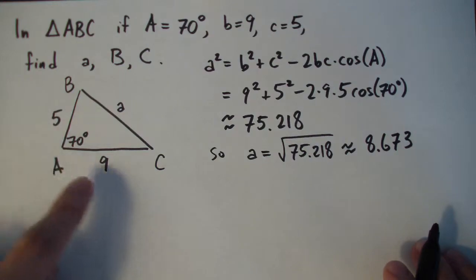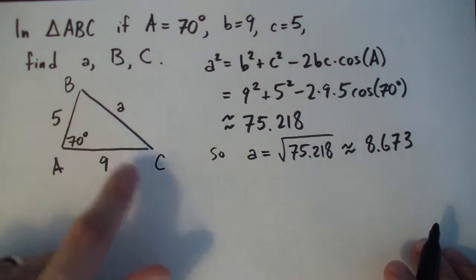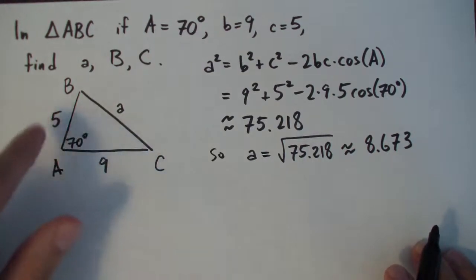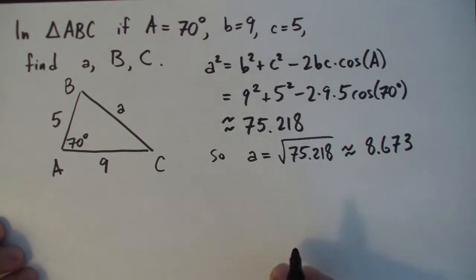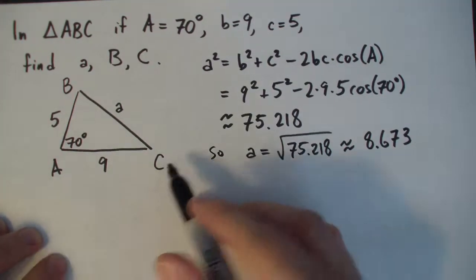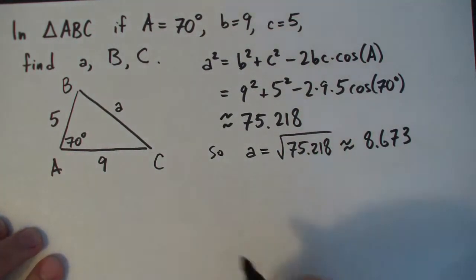And now we have all three sides. So to find the other angles, well, we can pick an angle and use the law of cosines to find it, and then the third angle we can find just by taking 180 minus the other two angles. So let's pick angle C, and we'll use the law of cosines again.